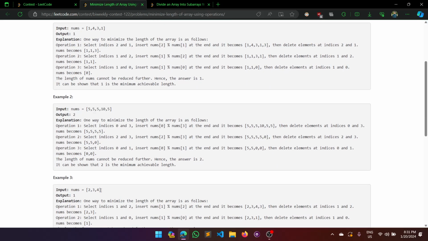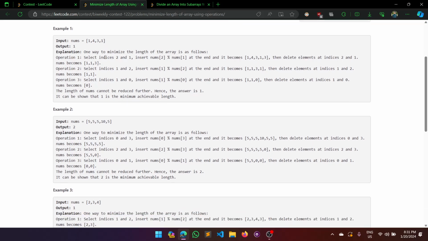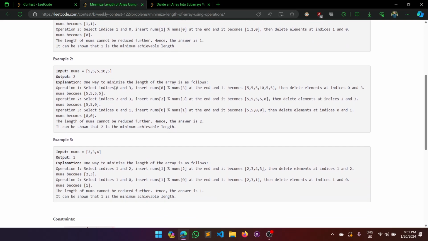Well, GCD of these numbers is 1. I'll take the GCD, I'll just count the frequency of the GCD, right?